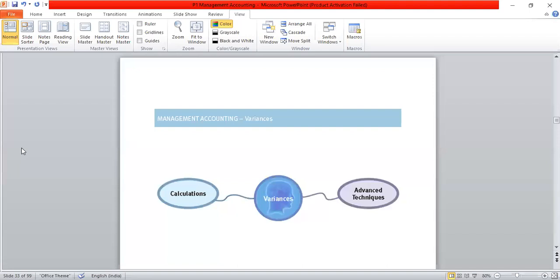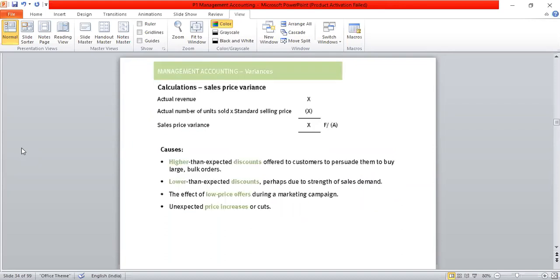But the third element taken under standard costing is the overhead cost. Standards are decided as to how much cost should be incurred. That is about the cost variances. Under cost variance, we split them into material variances, labor variances, and overhead variances.